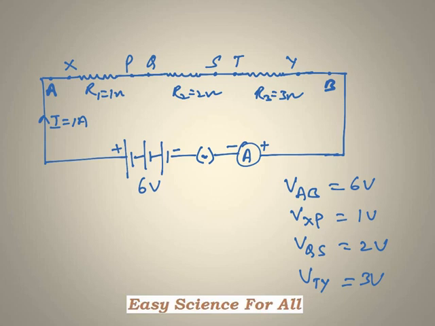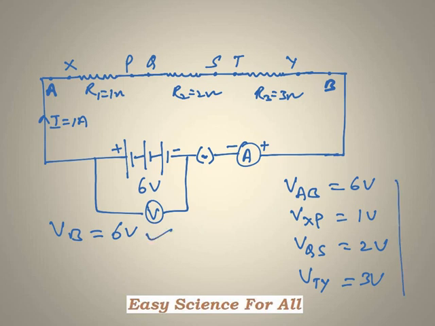One more thing that has to be noted is that if I connect the voltmeter between the positive and negative terminal of this battery, then this voltmeter will give me a reading of 6 volt. If I denote that potential difference between the two terminals as VB, then it will be 6 volt. Now if I compare all these values, I can write the relation like this as well.